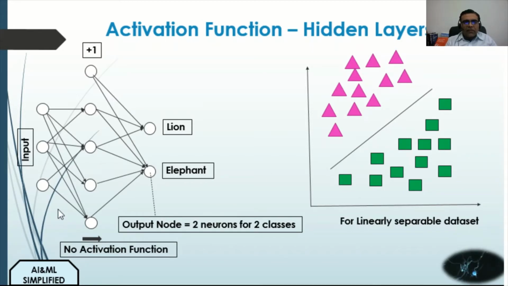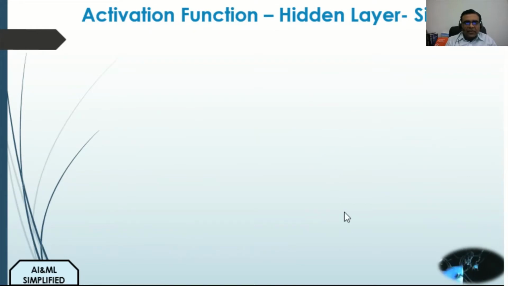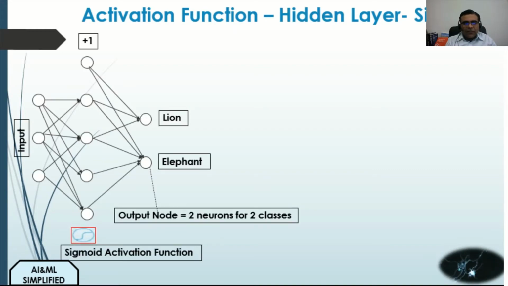However, if the complexity of the data set increases and it becomes difficult for a linear separator to segregate this data set, and let's say we require a non-linear separator, then from the network perspective, we can achieve that by applying a non-linear transformation, in this case something like the sigmoid activation function, to the hidden layer.